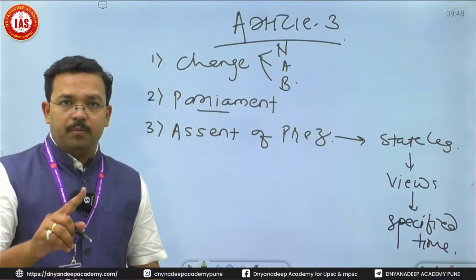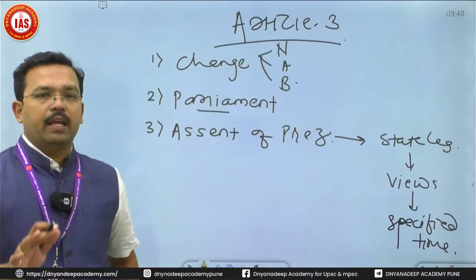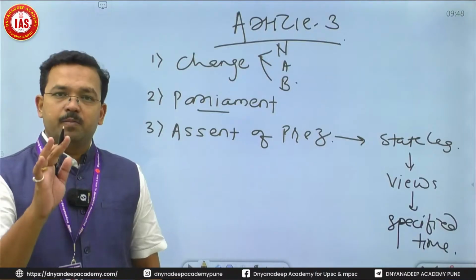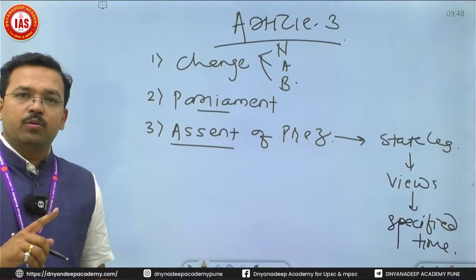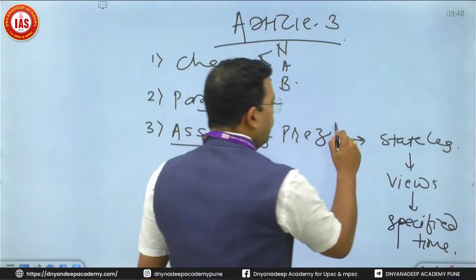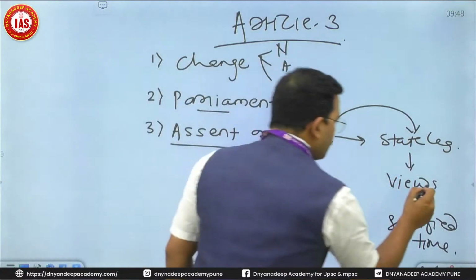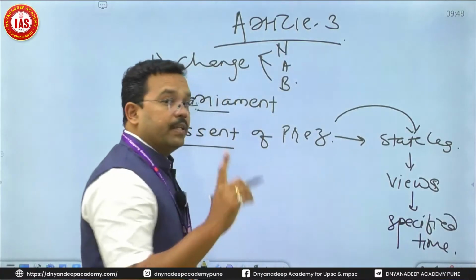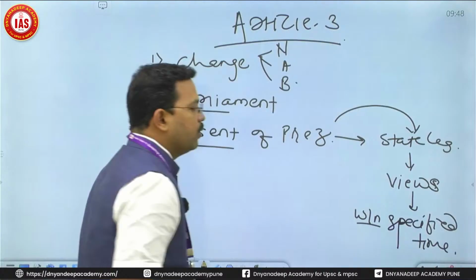Under Article 3, whenever Parliament wants to change the name, area, and boundary of a state, this bill must have the assent of the President. After giving that assent, the President will send this bill to the state legislature to express the views of the state legislature within a specified time. This specified time shall be decided by the President only.